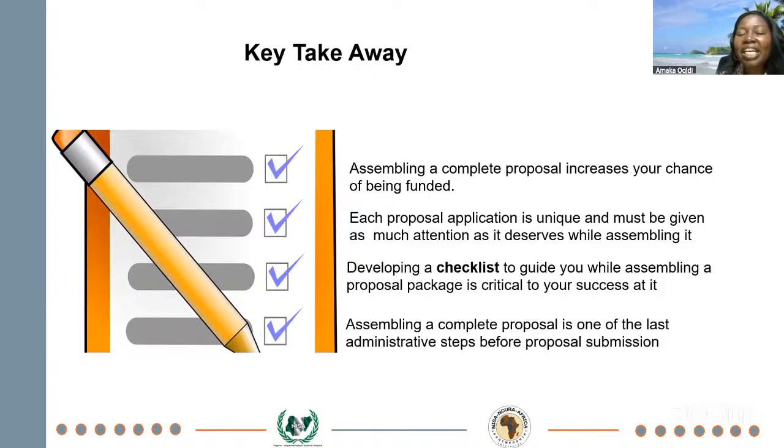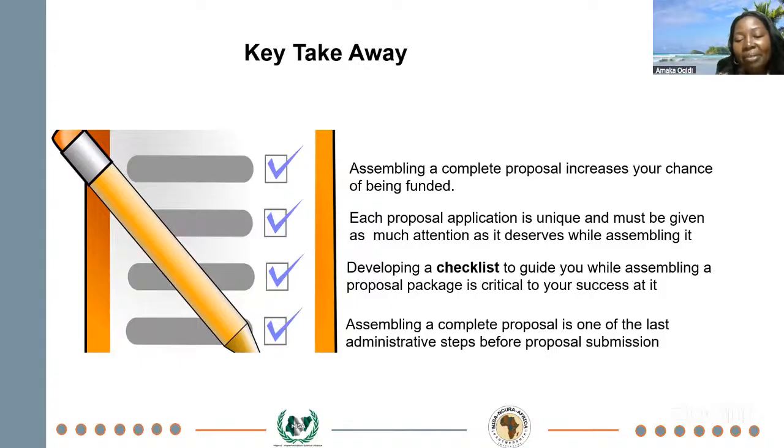And then the fact that each proposal application ought to be unique. And because it is unique, you have to give it all the attention it requires. Don't take it for granted. The effort that your investigator puts in to assemble a proposal, to write the science, to think it through, is not what you would want to just waste because you did not take your time to assemble it.